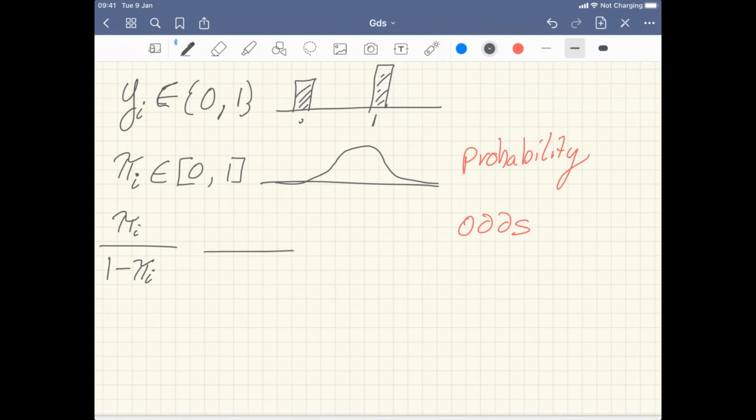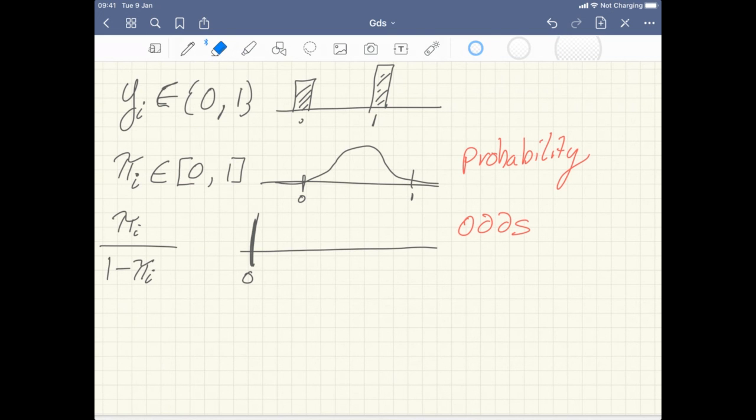And the odds, funky distribution. You can't have an odds smaller than 0 because pi i is always greater than 0. So you can't have a negative odds because pi i is greater than 0 and it's less than 1. So the numerator always is positive and the denominator is always positive.